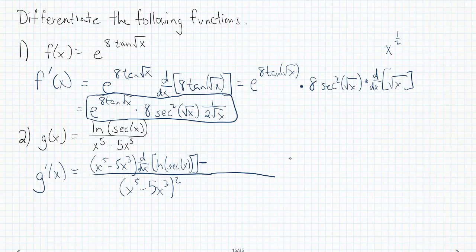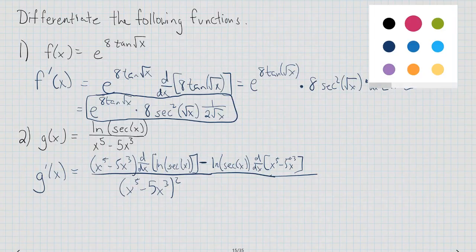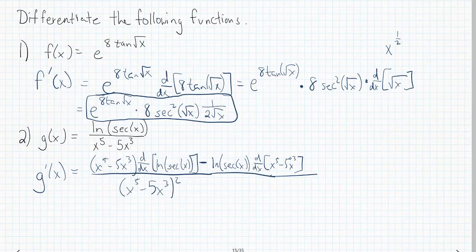So taking a look now, we have the numerator where we write natural log of secant x, and then times the derivative of the denominator, so x to the 5th minus 5x cubed. Okay, taking a look at this, let's look at the derivatives.